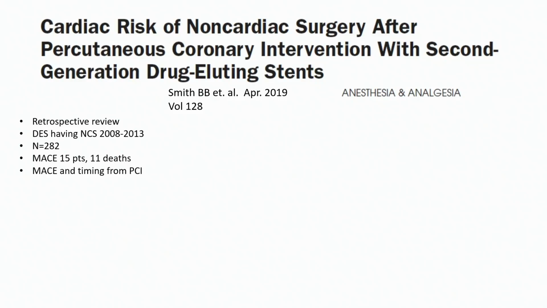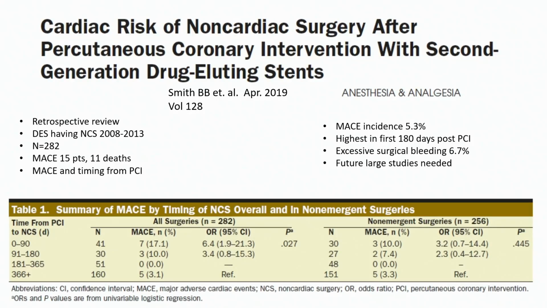So the same group from the Mayo Clinic that published those 2 landmarks about major adverse cardiac events in first-generation stents went back and did a retrospective review in 282 patients and looked at the incidence of major adverse cardiac events in patients with second-generation stents this time. And they found that the incidence of MACE was not insignificant, and it was highest within the first 6 months of stent placement still.